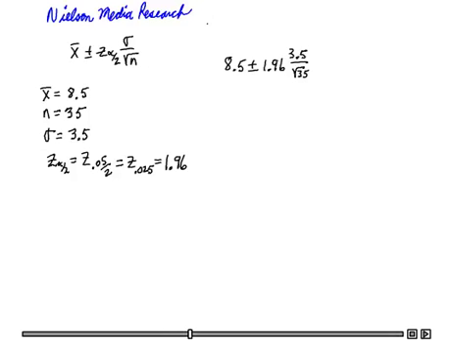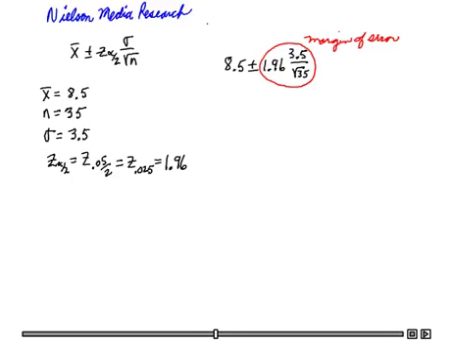Okay, the first thing I'm going to do while building this is to find what's called the margin of error. It's basically the number that tells us roughly how far away the actual population average mu is from our point estimate of 8.5 hours.